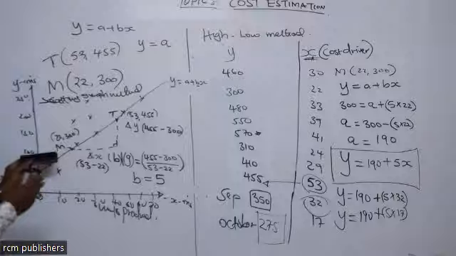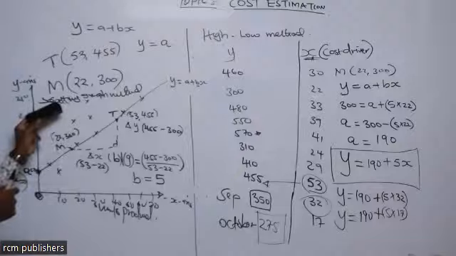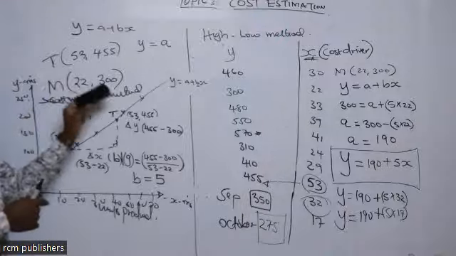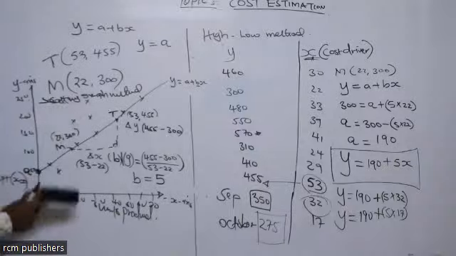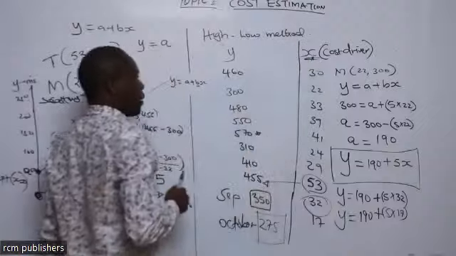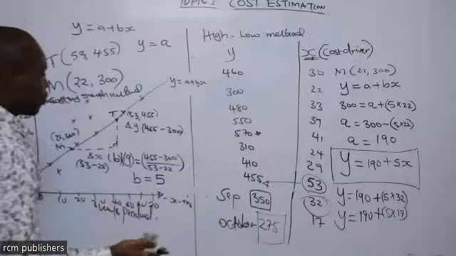I've given you that information going through the scattered graph method to help you understand, because the scattered graph method will be given the value of x, the value of y, and then you are told to plot, which we've done here.